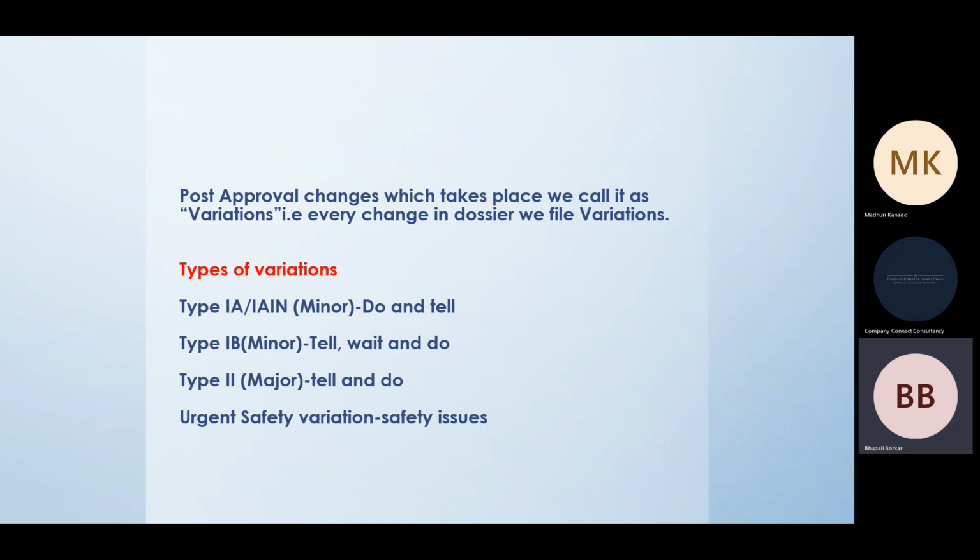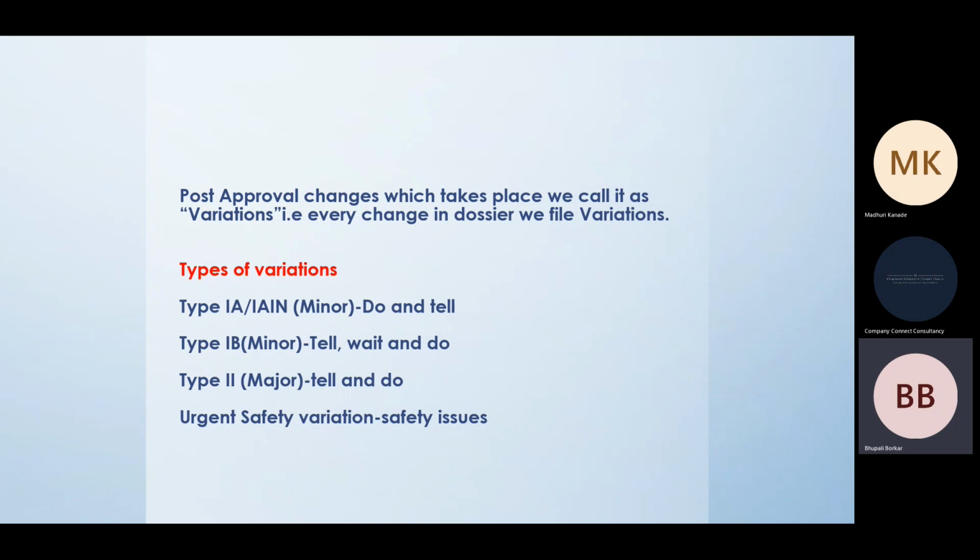These are minor variations. That is, you just do it and tell. So in this case, what happens actually in Type IA? I'm making some minor editorial change. Say, for example, I'm changing the range of an IR test from 4,600, which it was previously, to 4,650.